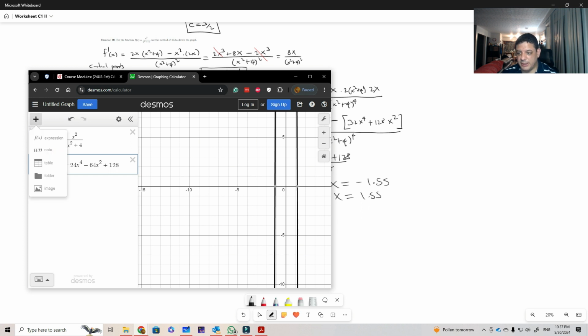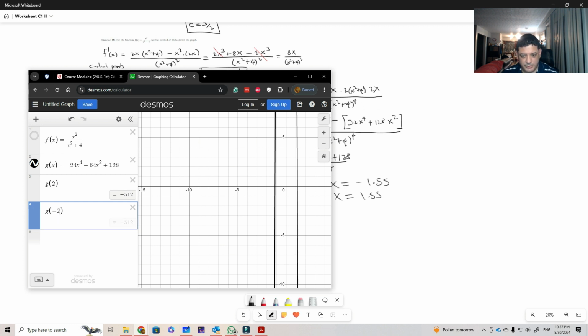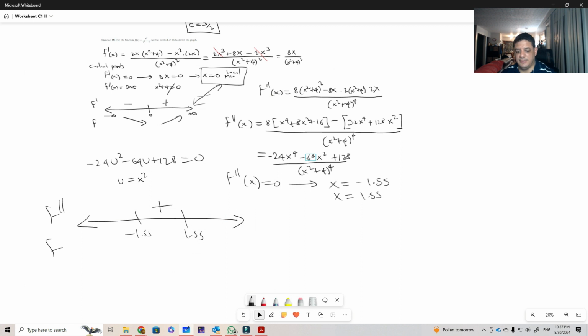Now let me calculate g of 2. Notice that it is minus 512. And when I do g of minus 2, I get the same, minus 512. So indeed, this is going to be negative and negative. In terms of concavity, this means that this is concave down, this is changing to concave up, and this is changing to concave down.